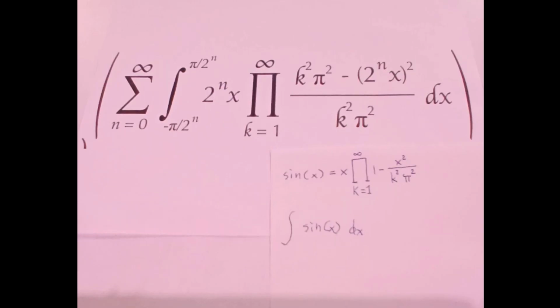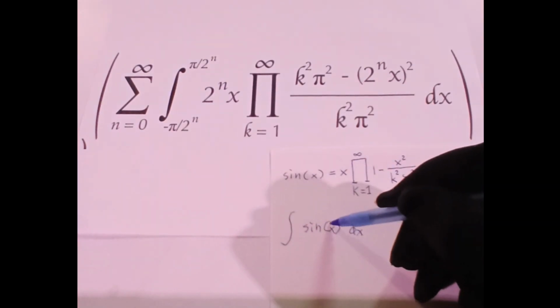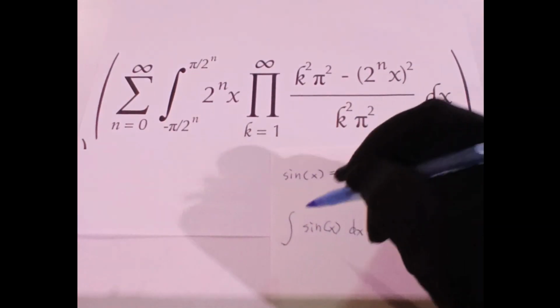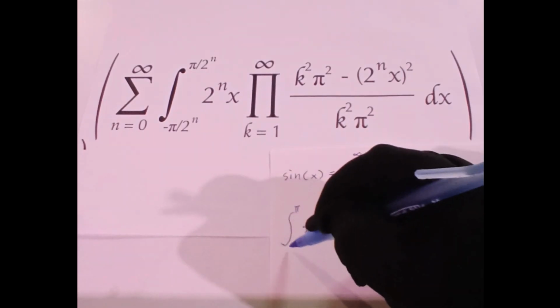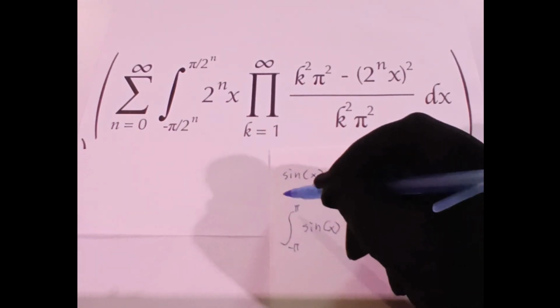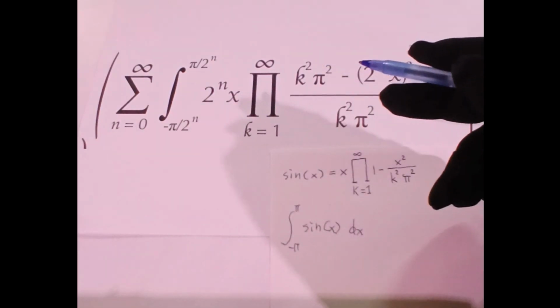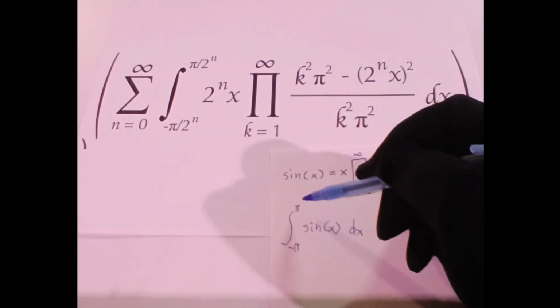The next step was to embed pi in here. So you see we have integration from negative pi to pi.